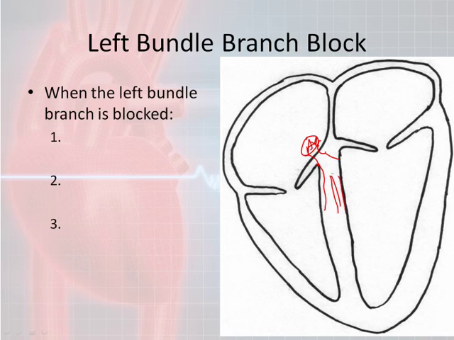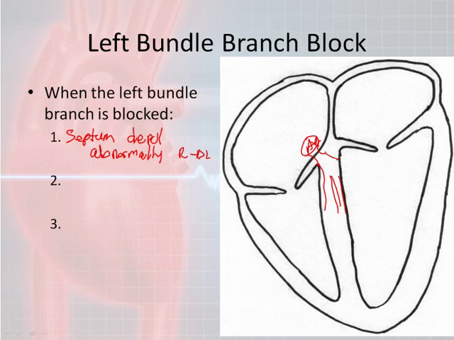So the left bundle branch, what will happen is if the left bundle branch is blocked, the septum will depolarize abnormally, which means from right to left.